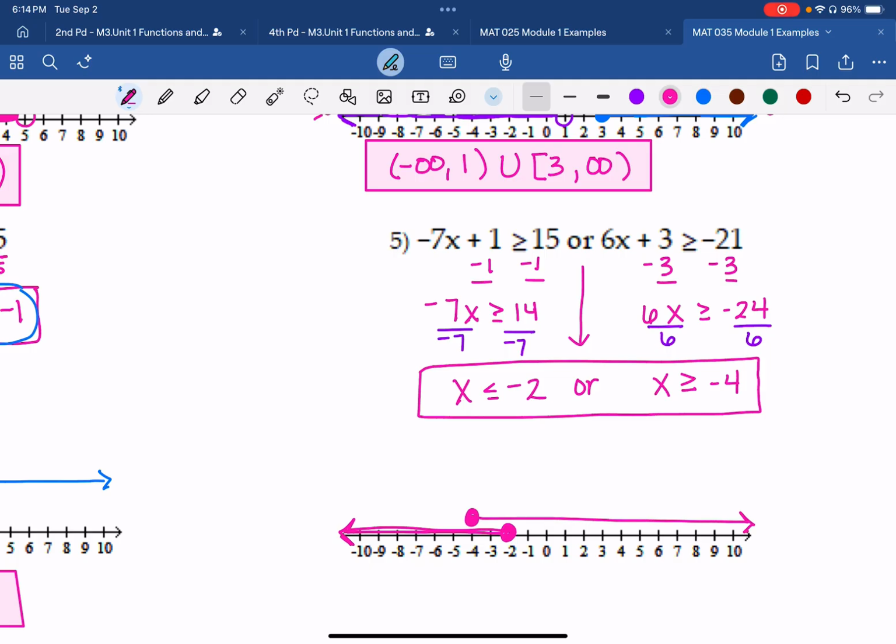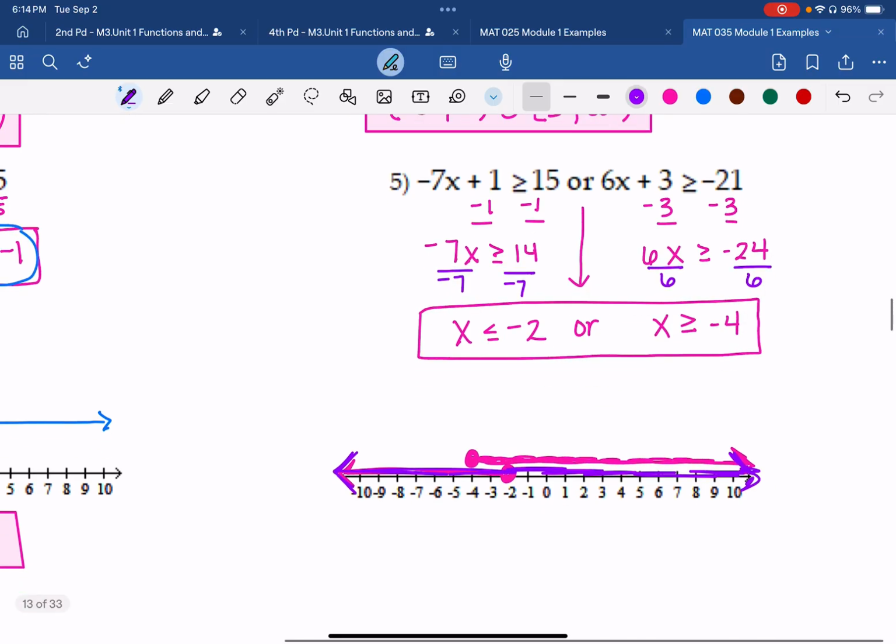Well, what do you notice happened here? They overlap completely, and everything is shaded, and that is okay. What ends up happening is my entire graph is shaded, every single value, and that's okay. That just means that my solution is all real numbers because everything is shaded.